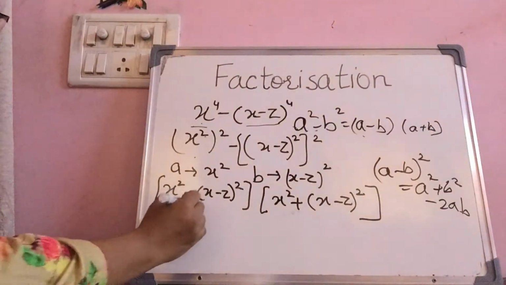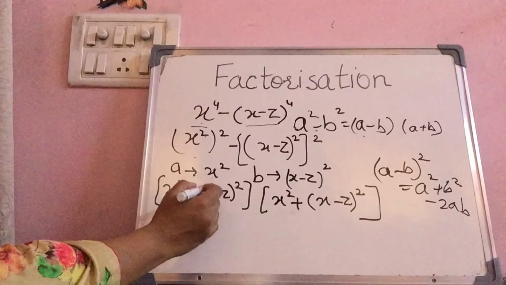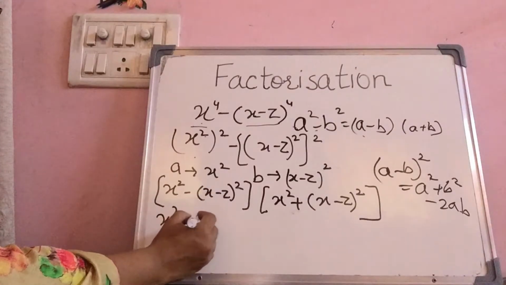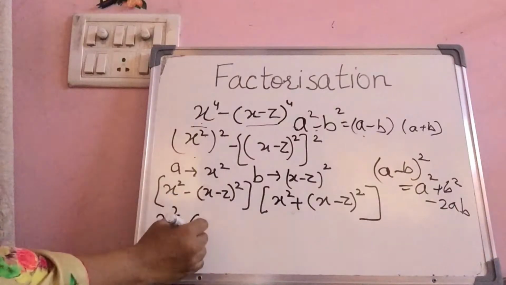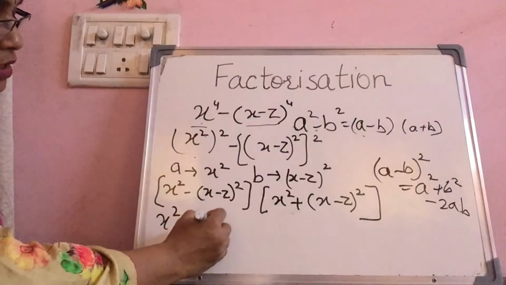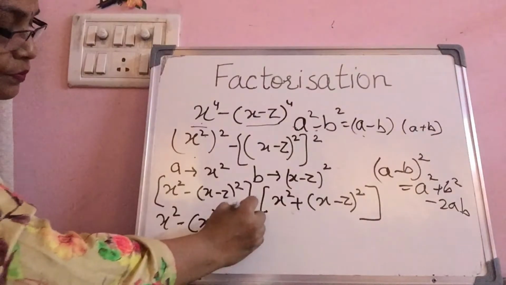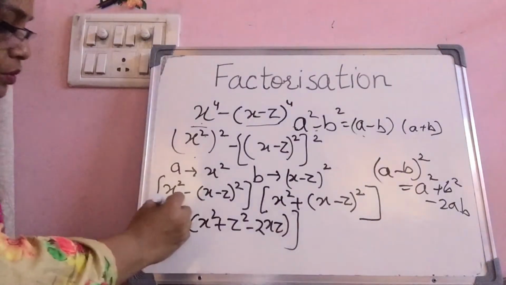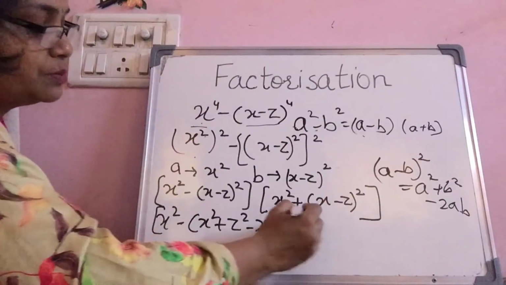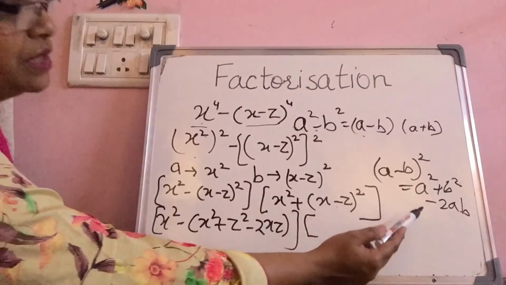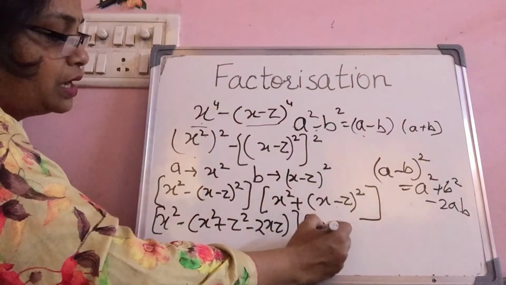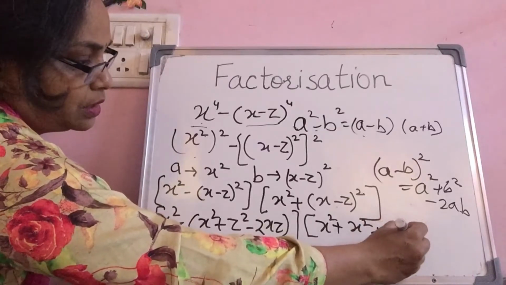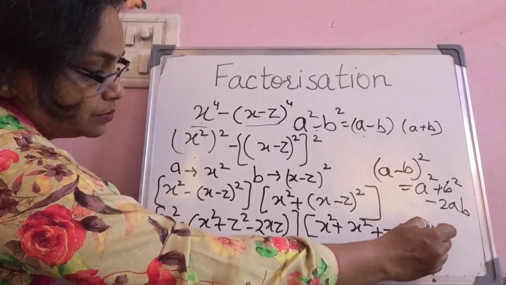x square. We have minus sign outside the bracket, so please remember, whenever we open the bracket we change the sign. We'll change the sign in the next line so that there is no confusion. Minus 2xz. Similarly, in this bracket also we'll open it with this identity only: x square plus z square minus 2xz.